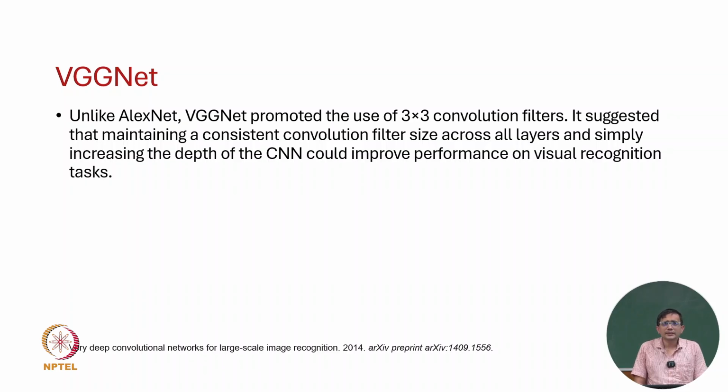It rather promoted the use of 3 cross 3 convolution filters. It suggested maintaining a constant convolution filter size across all layers and simply increasing the depth of the CNN. So the idea is that you don't need this engineering in terms of different convolution filter sizes, kernel sizes. Rather, you could just simply increase the depth of the CNN, and this would lead to improvement in performance for visual recognition tasks.